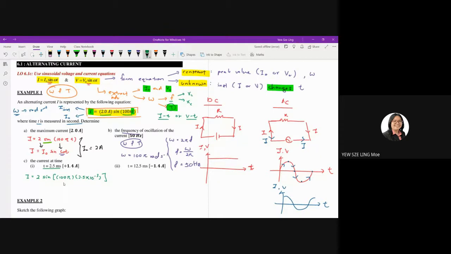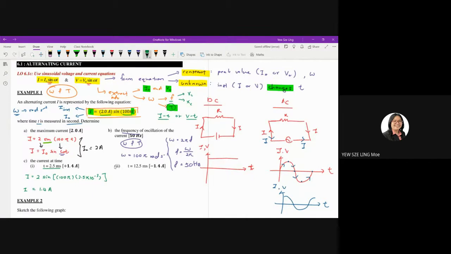Now remember, when it comes to this type of question, the mode of your calculator should be in radian, because you are not given degrees. You are looking at the angular frequency. So plug in the value and use your calculator to solve it, and you should obtain I equals 1.4 ampere.